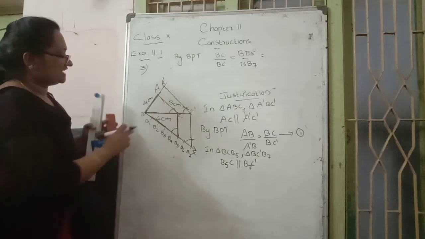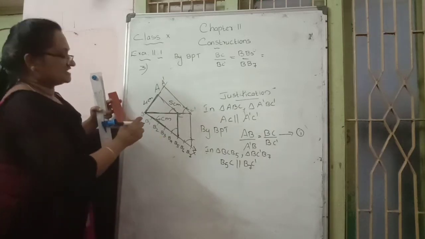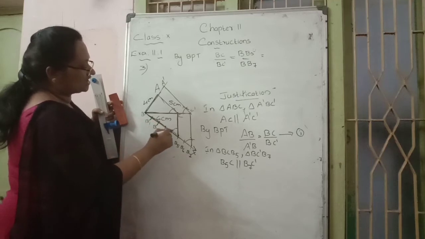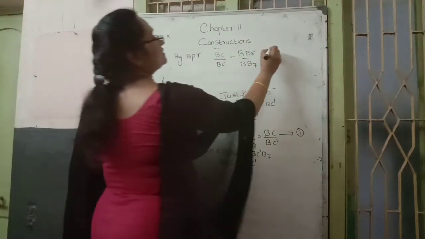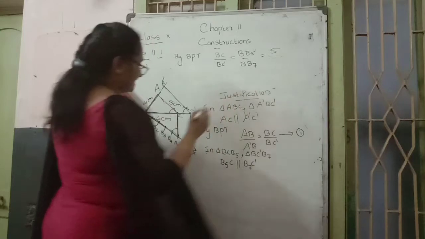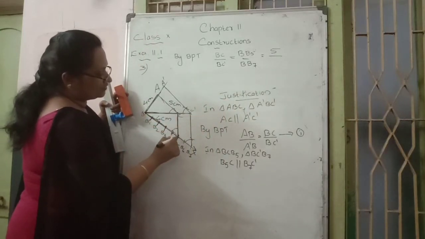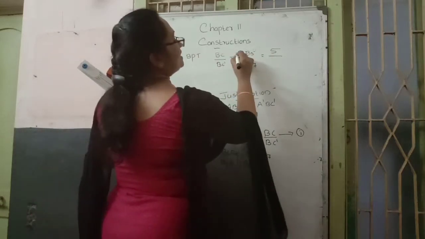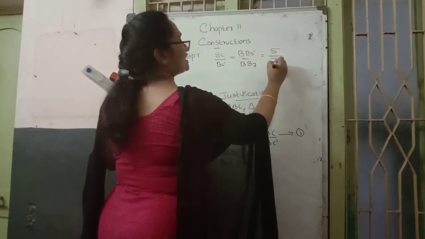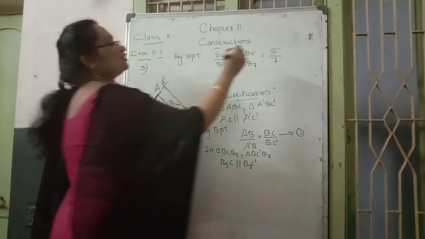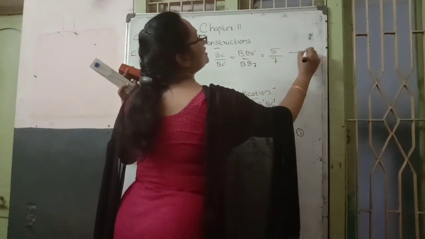But we know the distance from B to B5: 1, 2, 3, 4, 5, so the distance is 5. Then from B to B7: 1, 2, 3, 4, 5, 6, 7, so the distance is 7. So B5 is 5 and B7 is 7. Mark this as equation number 2.